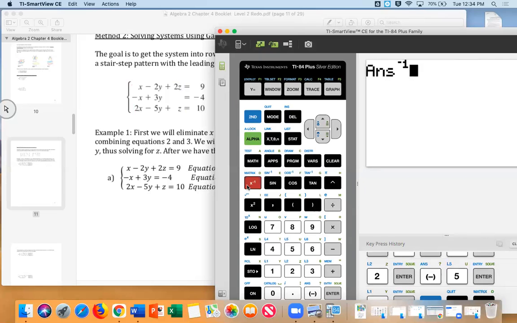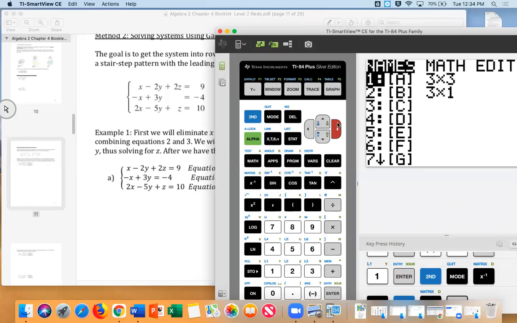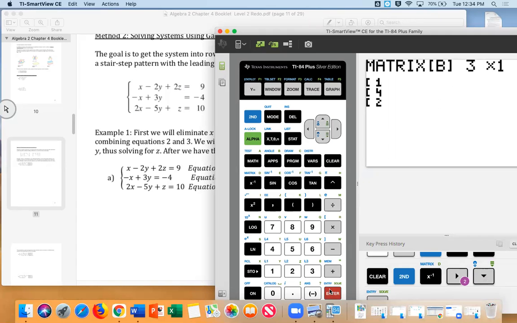We're going to go back in. So second matrix. We're going to go over to edit again. Now we're going to go down to B. And how do I get these dimensions? I have 3 equations, right? The first number is the number of equations. I have 3 equations. How many answers are there to each equation? 1.